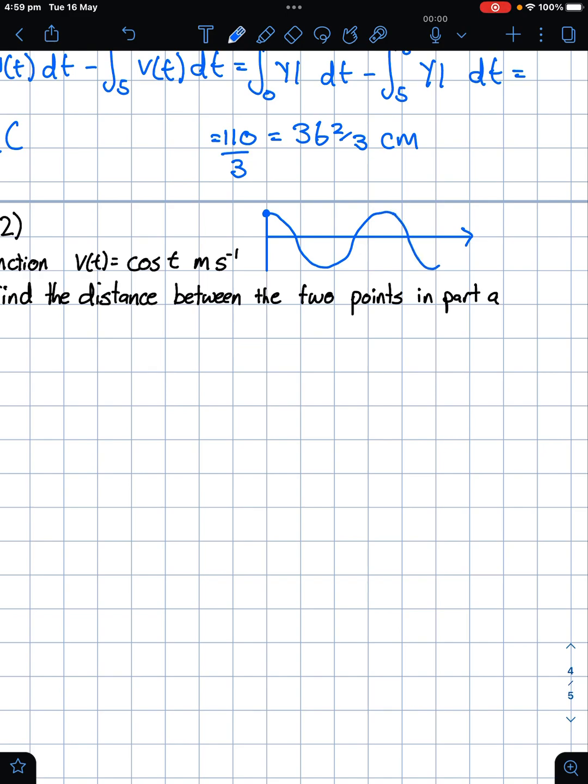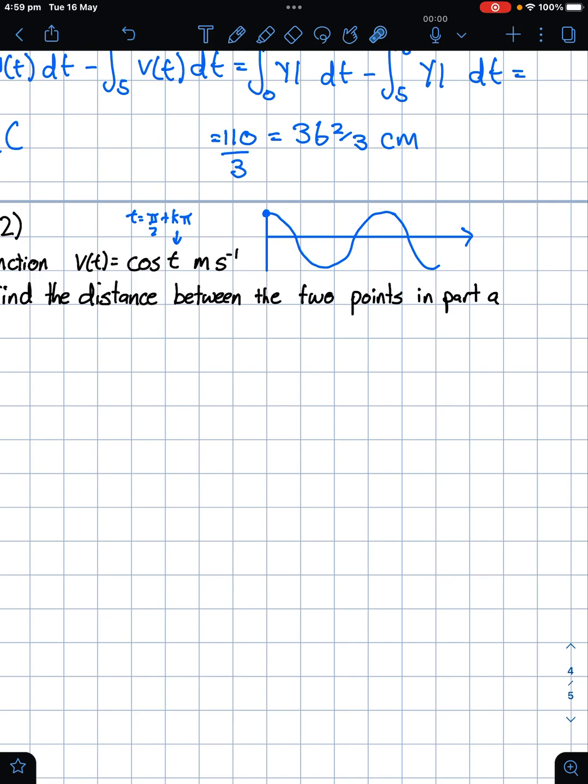So we would see that at values of t equal to pi on 2 plus k pi, this particle has a velocity of 0.